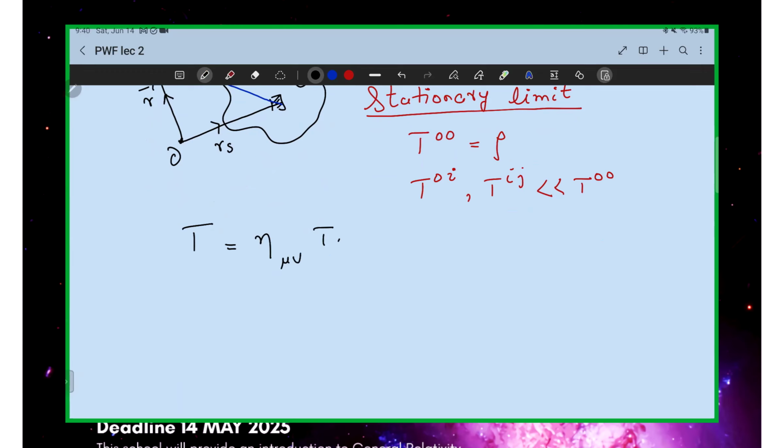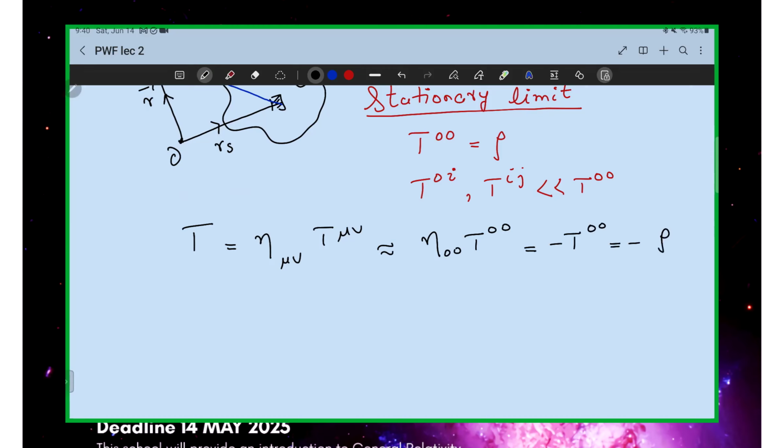Now, since I've just said that the only component of the stress tensor that we're going to consider is the 0,0 component, therefore it's approximately equal to this thing. And you know that eta naught naught is just -1, so it's equal to this thing, which is equal to minus rho.